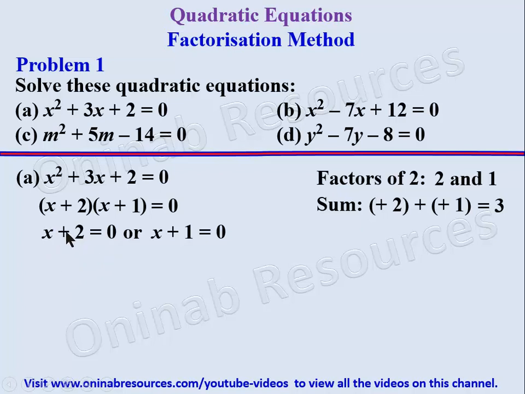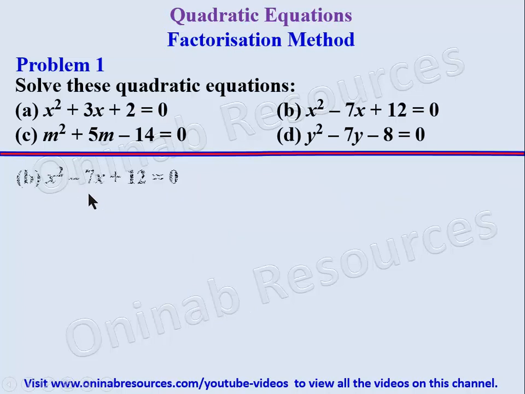Taking this positive 2 to the right hand side, x is equal to negative 2, and taking this positive 1 to the right hand side, x is equal to negative 1. So these are the values of x which satisfy the solution of this equation in problem 1a.